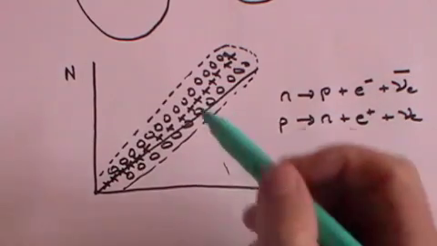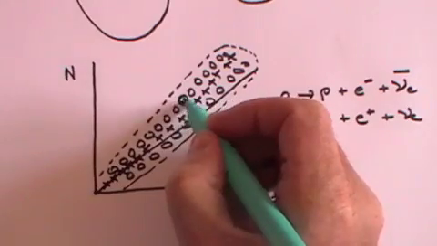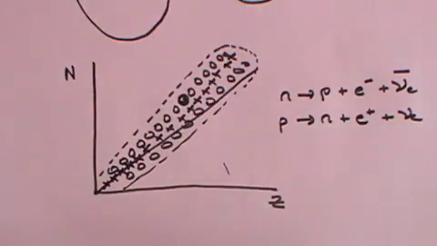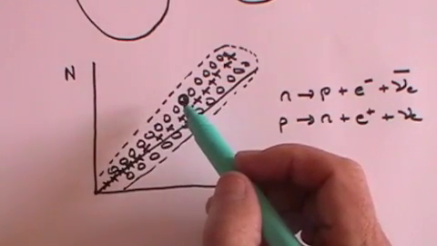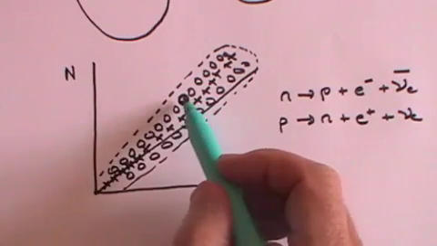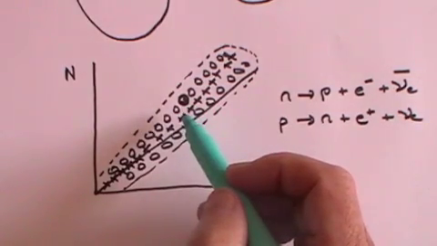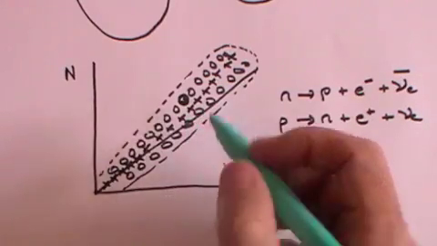And what is actually happening is that if you're here at this unstable nucleus here, you've got too many neutrons. So if you convert a neutron to a proton, the neutron number will fall by 1, but the proton number will increase by 1.